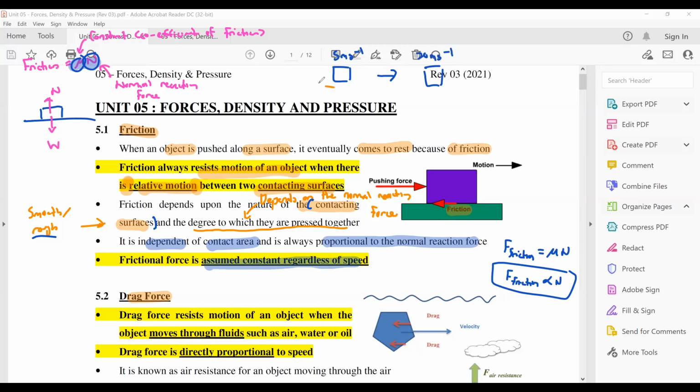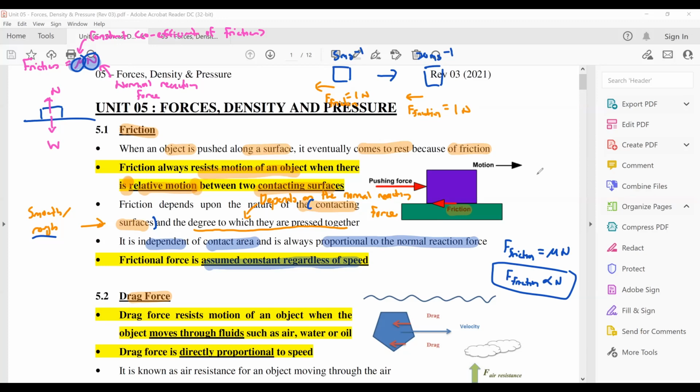All this while it encounters a frictional force of, say, 1 Newton. You always assume that the frictional force is always the same. So that is what frictional force is.